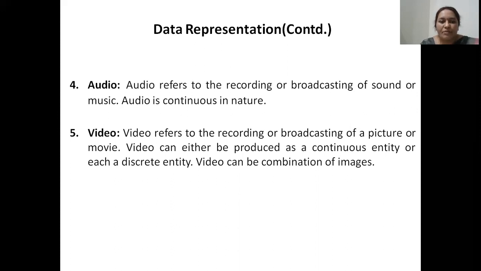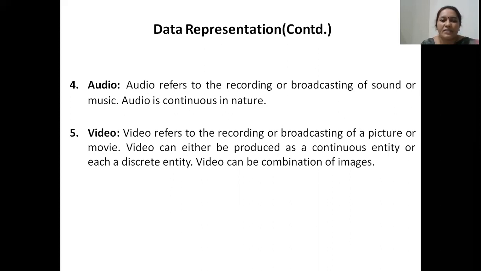The next type of data, that is video. Video is nothing but a combination of moving pictures. Various frames of pictures combined with added movement is called a video. So video can be represented either as a continuous entity or a discrete entity.